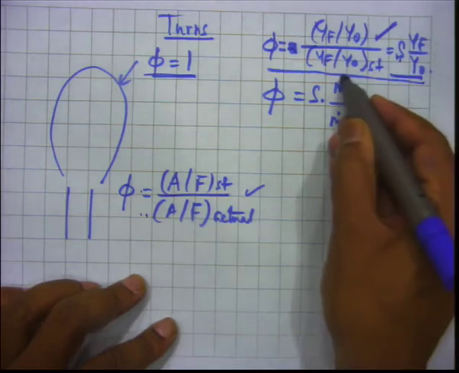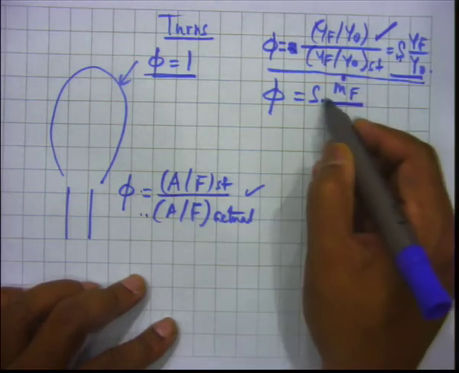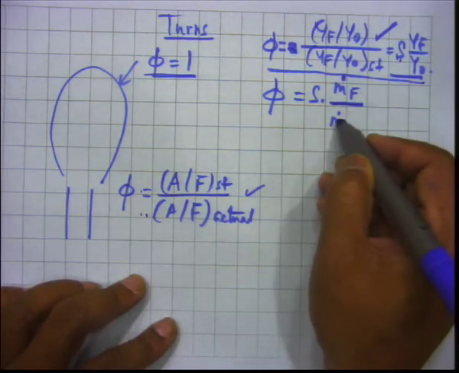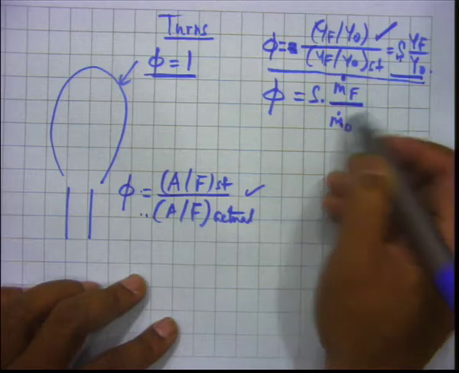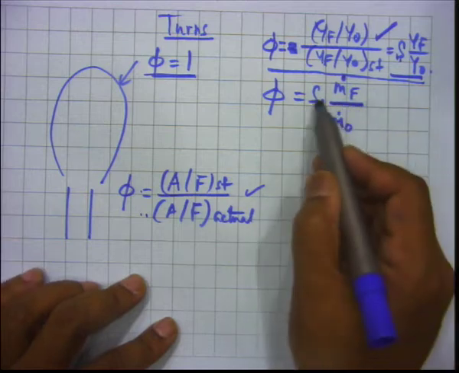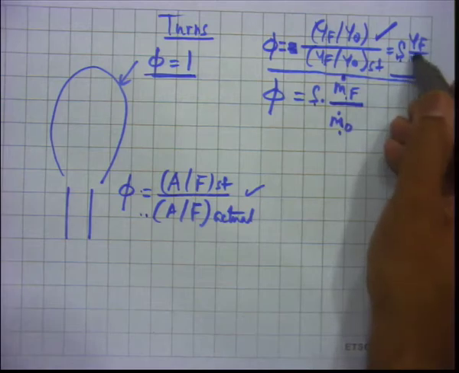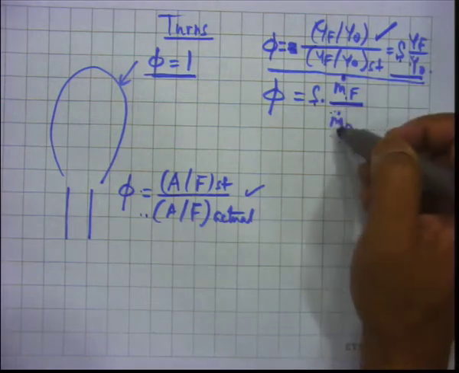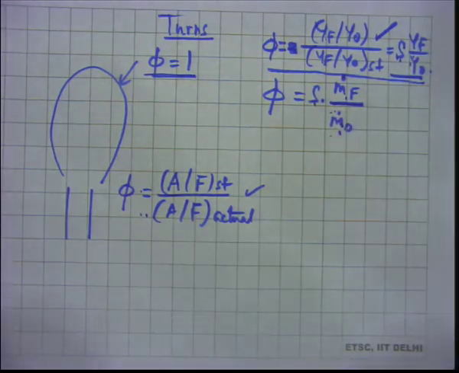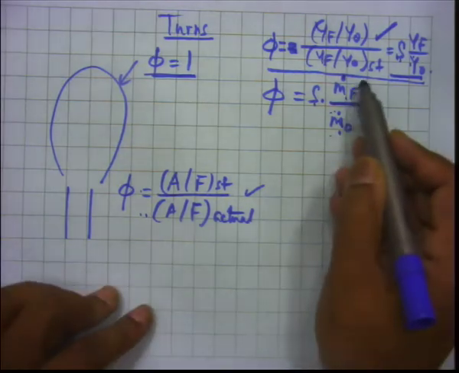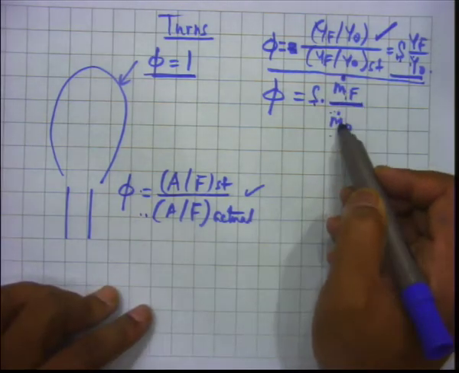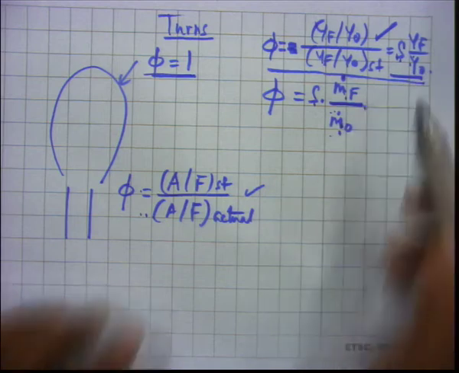Now if you multiply by some m dot flow rate, then this can be S times m dot F divided by m dot O. I mean this relation, if you multiply it by m dot locally, there is some local m dot, let us say. So this gives you S times m dot F by m dot O from here to here.